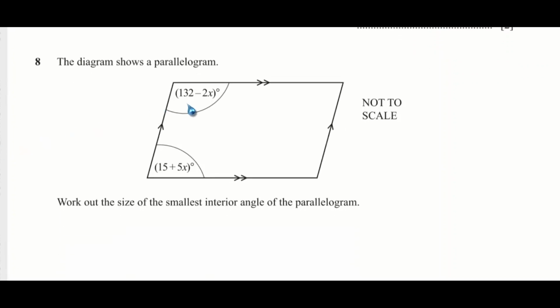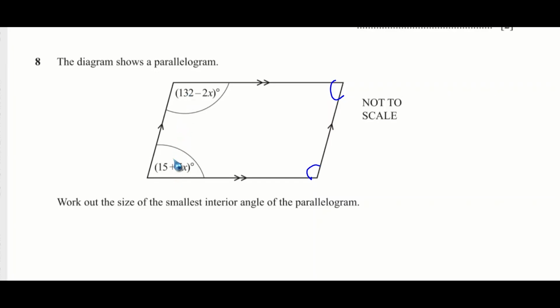The diagram shows a parallelogram. Work out the size of the smallest interior angle of the parallelogram. You can see that this angle is equal to, the opposite angles are equal. That is one thing. Another property of the angles of a parallelogram is that adjacent angles are supplementary, that is, they add up to 180 degrees.